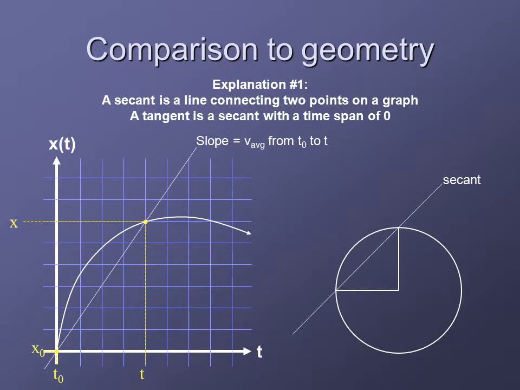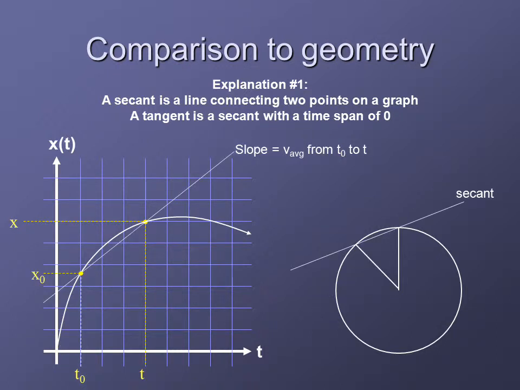Okay, when you talked about circles in your geometry class, hopefully they covered that a secant is any line that connects 2 points on a circle. And similarly on a graph, a secant is any line that connects 2 points on a graph.